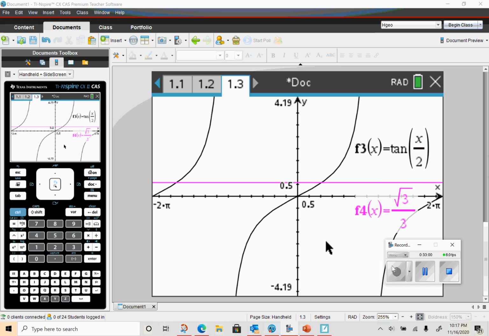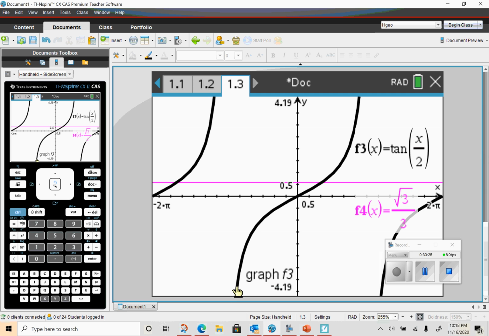A quick look at the graph here. Again, I've graphed things a couple of steps into our solution process. What you see here in black is the tangent of theta divided by 2, or x over 2. And then the nice horizontal pink line here is square root of 3 over 3.